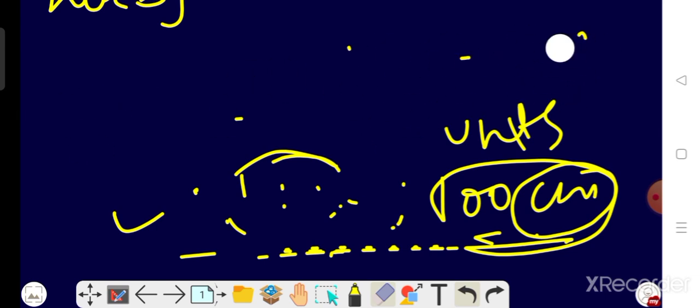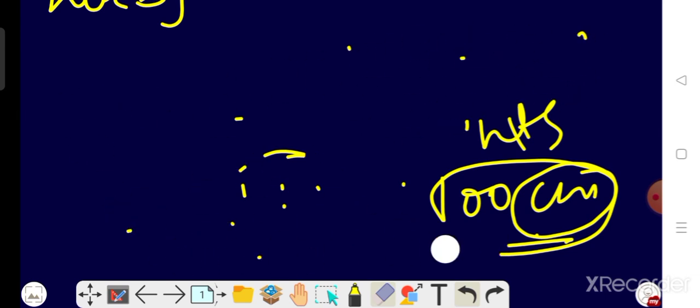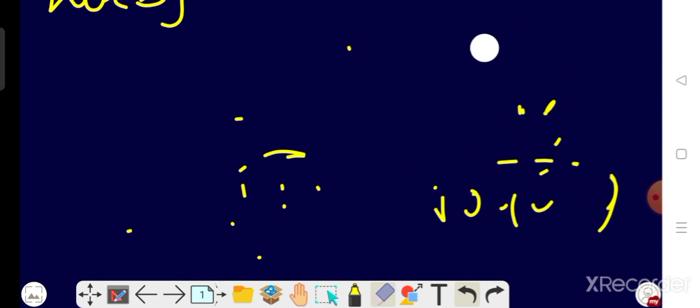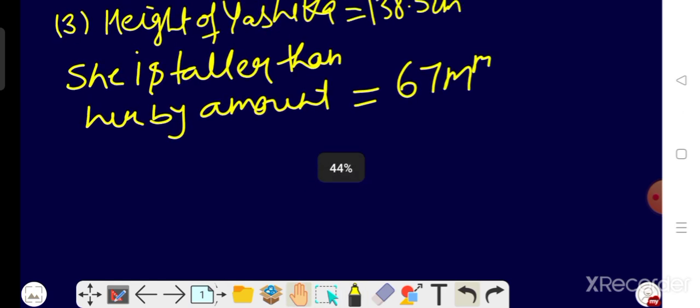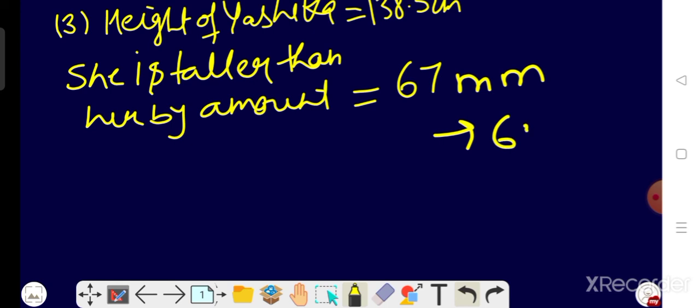by which Yasika is taller than her sister, 67 millimeter, but the height of Yasika is given in centimeter. To operate any addition, subtraction, multiplication or division operation in this question, firstly we have to convert this 67 millimeter into centimeter, and this is equal to 6.7 centimeter.